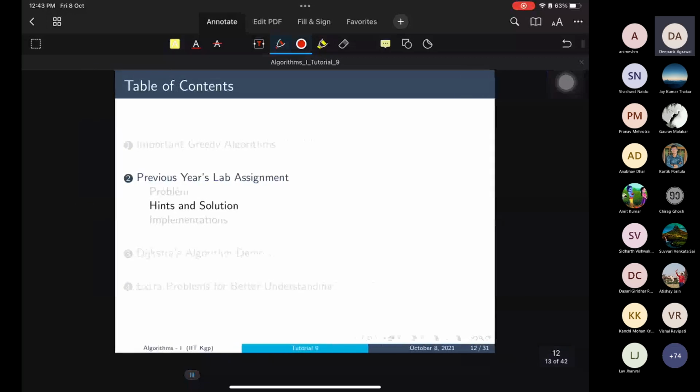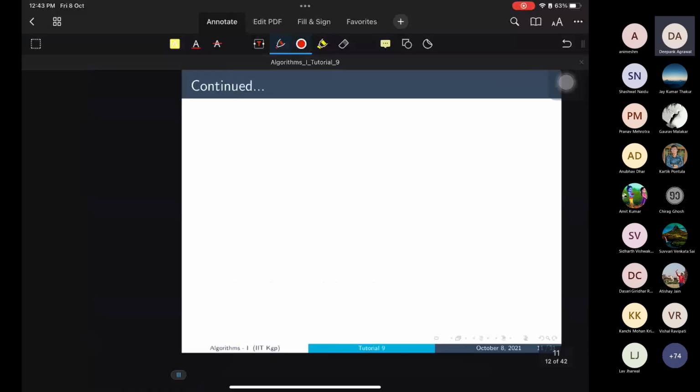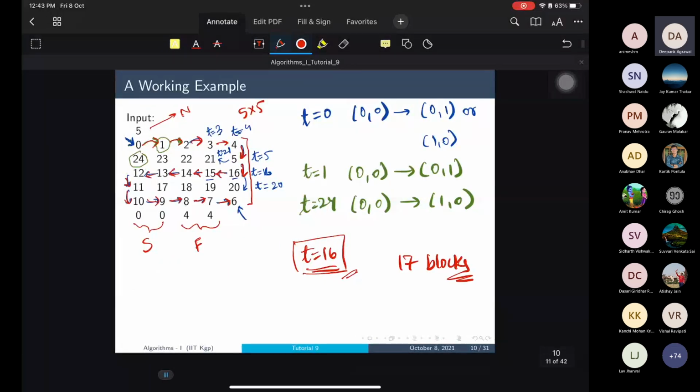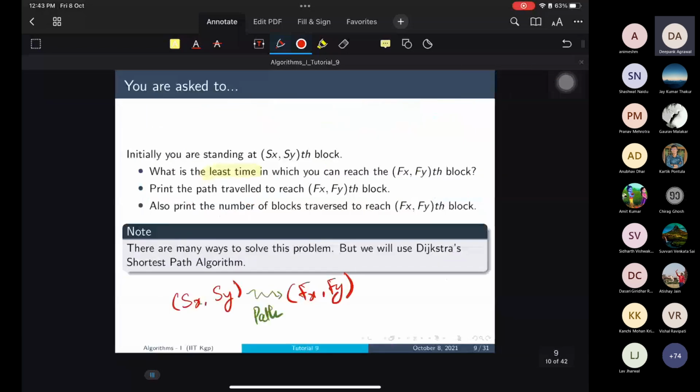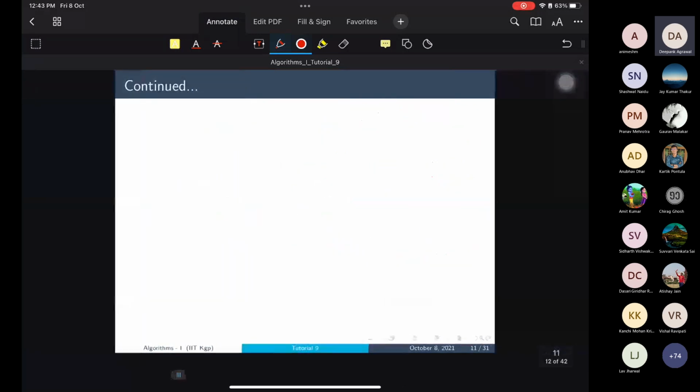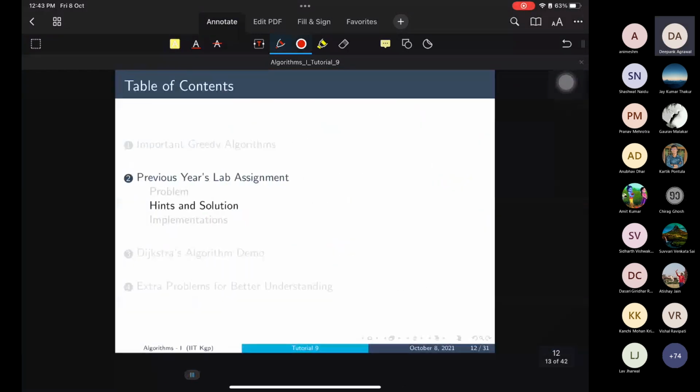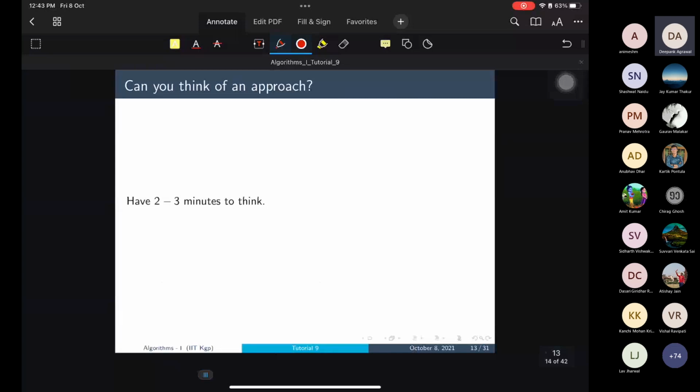So let's now think about the approach, like how can you solve this particular problem? Using the Dijkstra shortest path algorithm. I hope you all remember Dijkstra, right? So you can have 2-3 minutes to think of a solution.